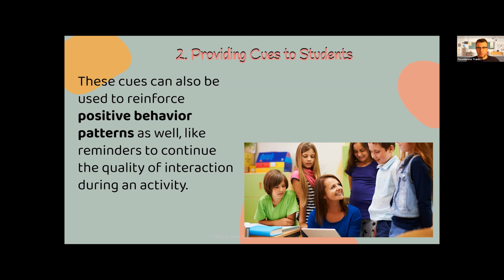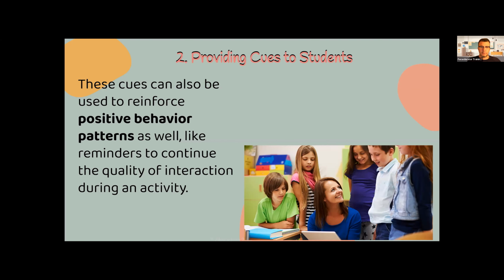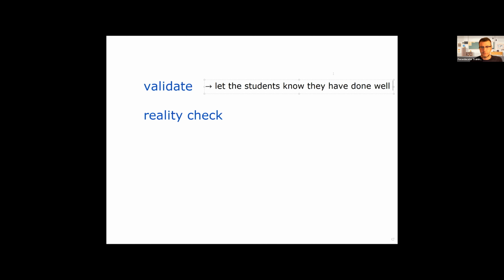We kind of do two things. Here are our concepts. These are not exactly college words of the day, but these are our concepts that I didn't write down in the presentation. I'm using both of these as verbs for the purposes of this discussion. When we validate, we let the students know they have done well.